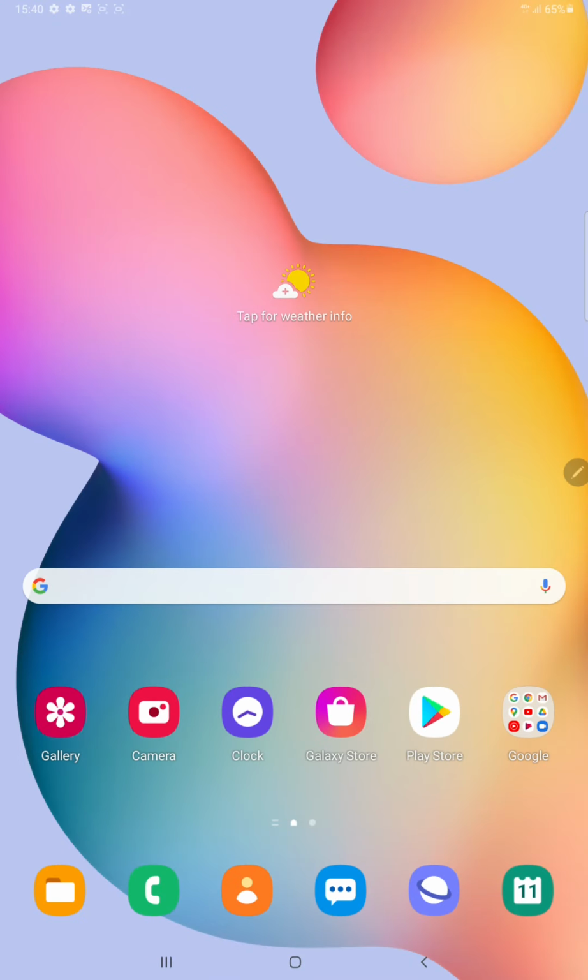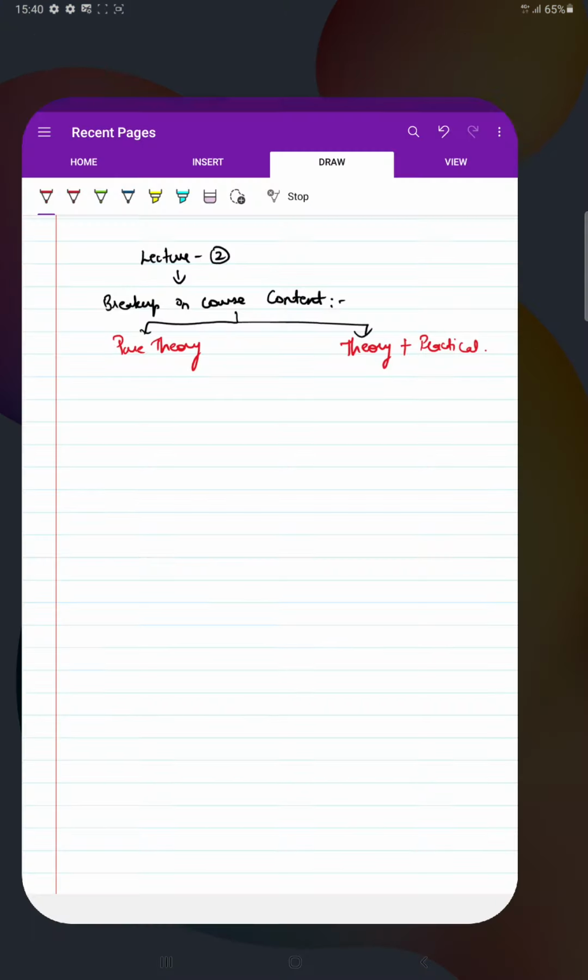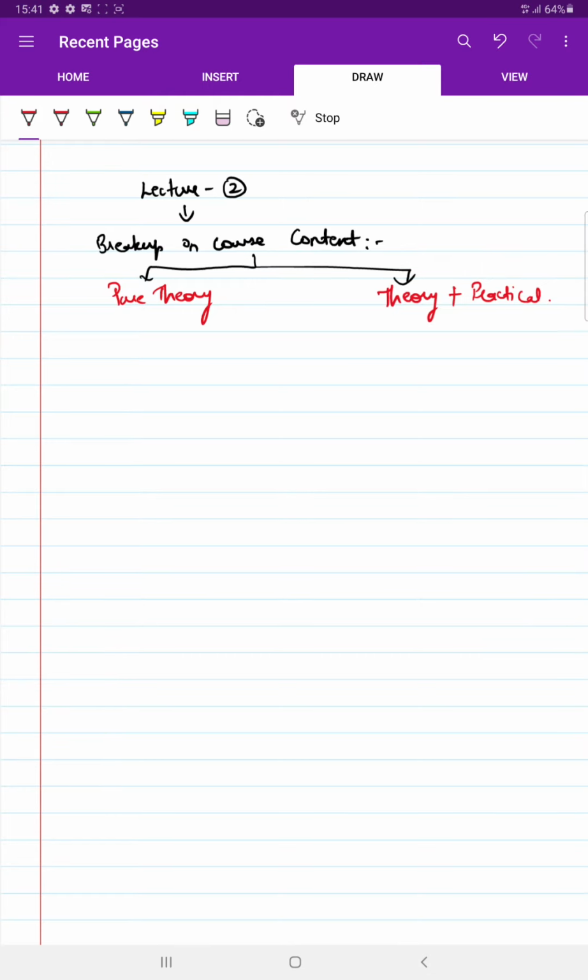So which is pure theory and which is theory plus practical, both we are going to see. We are also going to see the weightage, which chapters to focus on more.